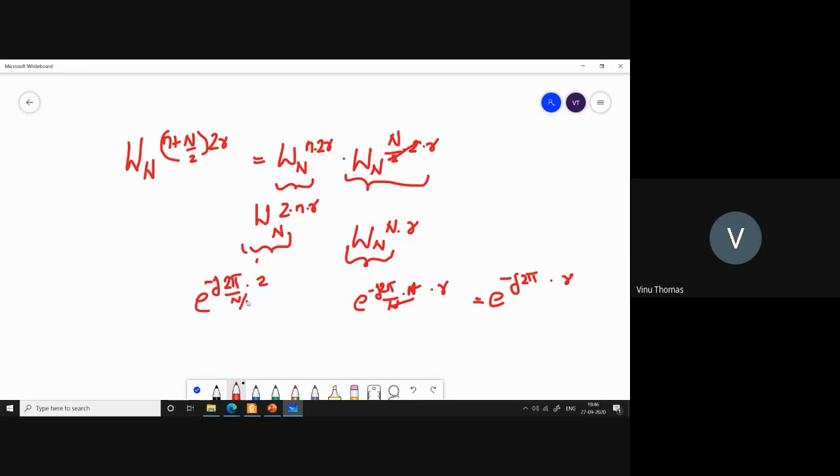So that we can write as e raised to minus j 2 pi by N by 2. So this is therefore W_{N/2}. So W_N raised to 2 is W_{N/2}. So this expression now becomes W_{N/2} raised to n into r. Okay.